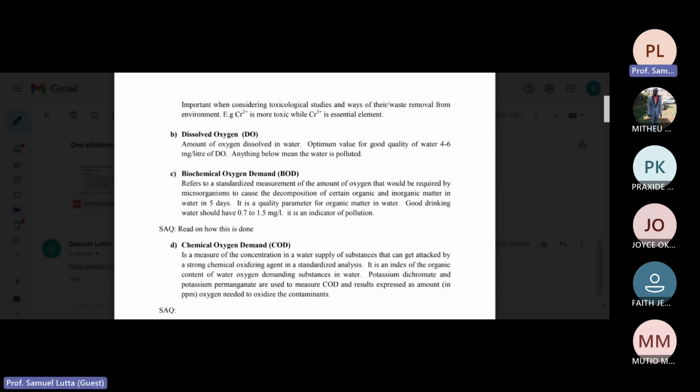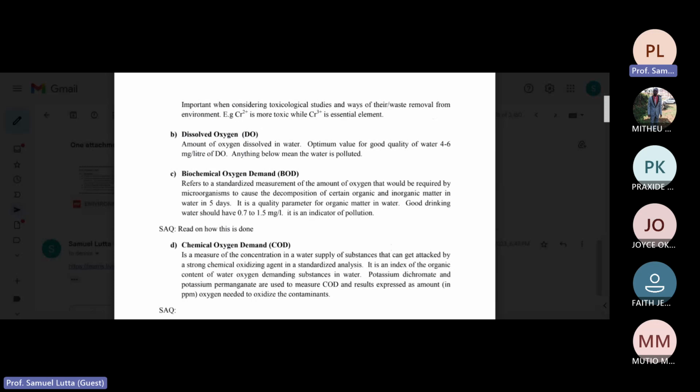Okay, biochemical oxygen demand, BOD. So this one again is also a measure of the purity of water. So for water, we have what we call physical-chemical, meaning you're measuring the physical properties like pH, like temperature, but there are also chemical properties. So these are the chemical properties that we measure.